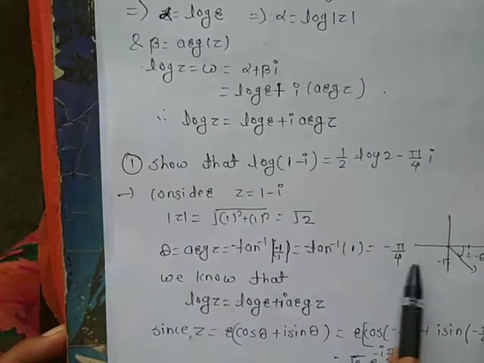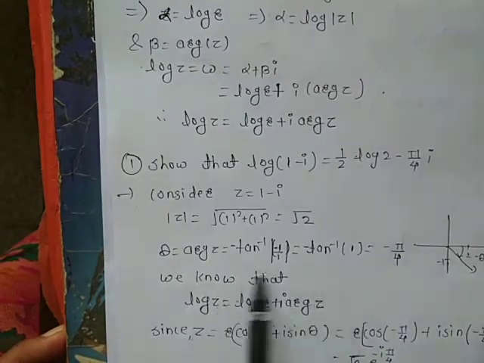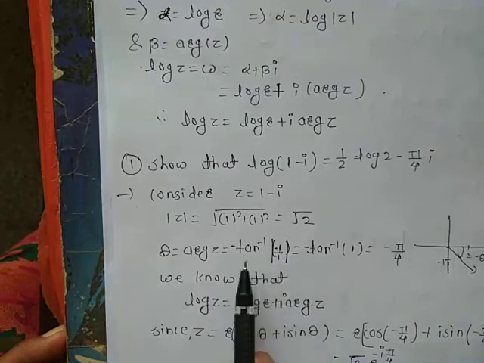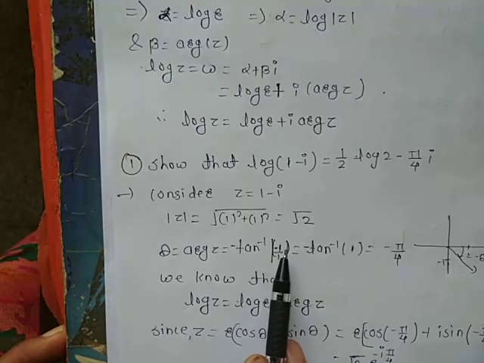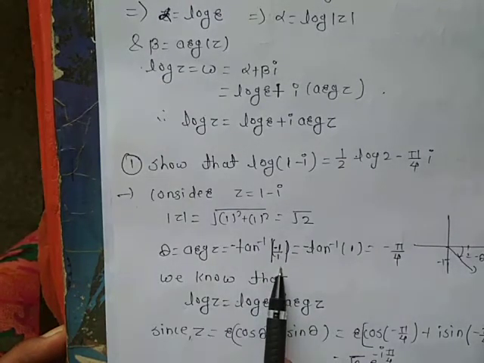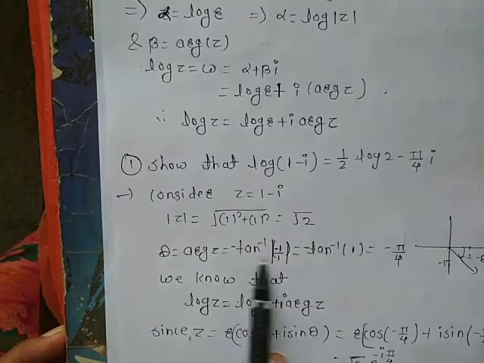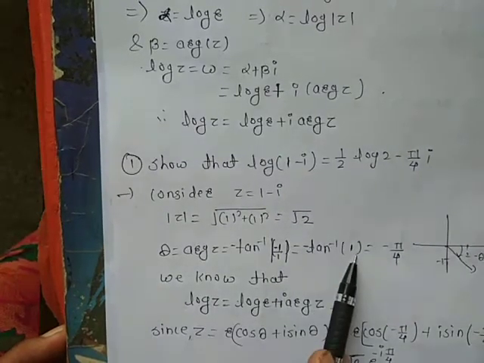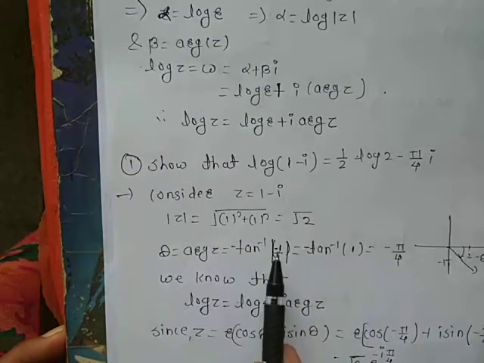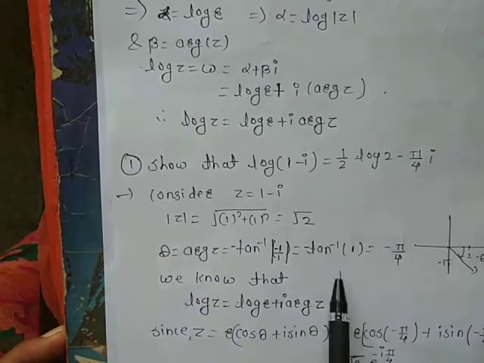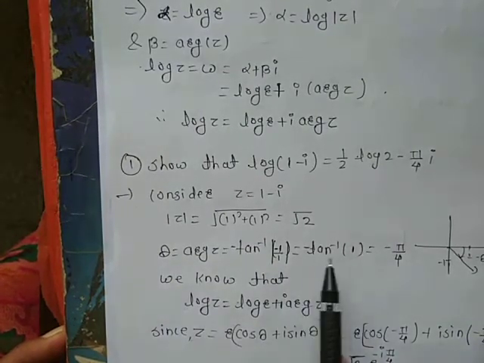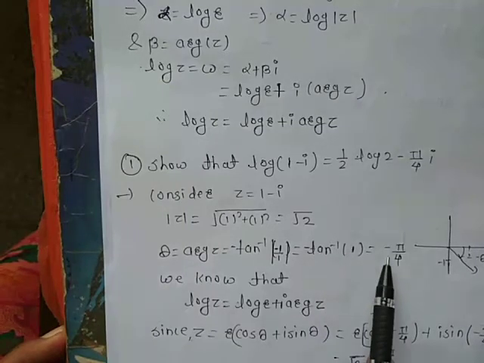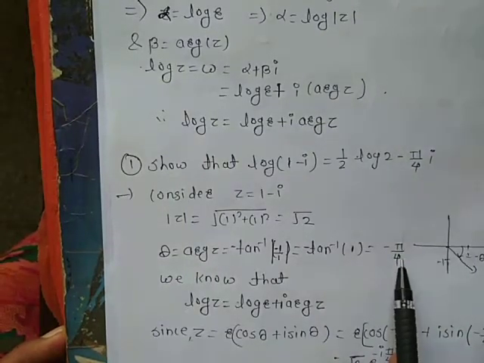So the value of theta is minus tan inverse of mod of minus 1 upon 1. This is minus tan inverse of modulus of minus 1, but mod of minus 1 is plus 1. So this is minus tan inverse of 1, which is equal to minus pi by 4.